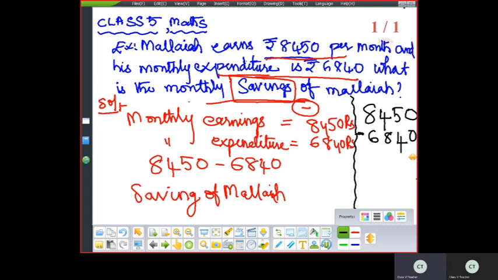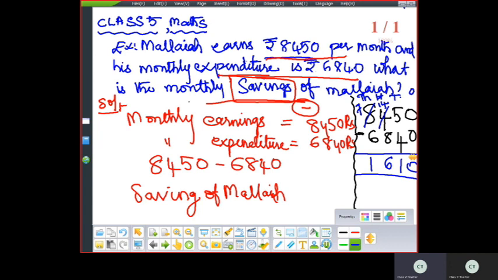I have arranged it in 1s, 10s, 100s and 1,000s places. Firstly, 0 minus 0 is 0. 5 minus 4 is 1. Now 4 will not go in 8, so 4 becomes 14 and 8 becomes 7. 14 minus 8 is how much? 14 minus 8 is 6. So 7 minus 6 is 1.